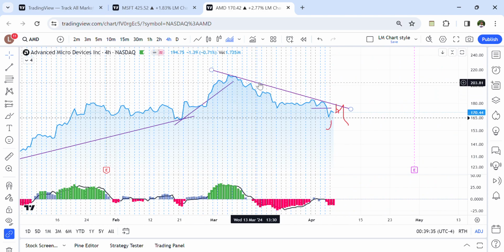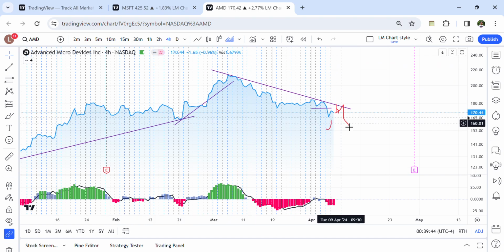So talking about AMD, you can view in the upcoming days, as per this video, as per my current calculations, the trend line resistance for AMD is around 175 to 177. It may go higher, I'm not saying that it will not, but it will not sustain there on a 4-hour chart.